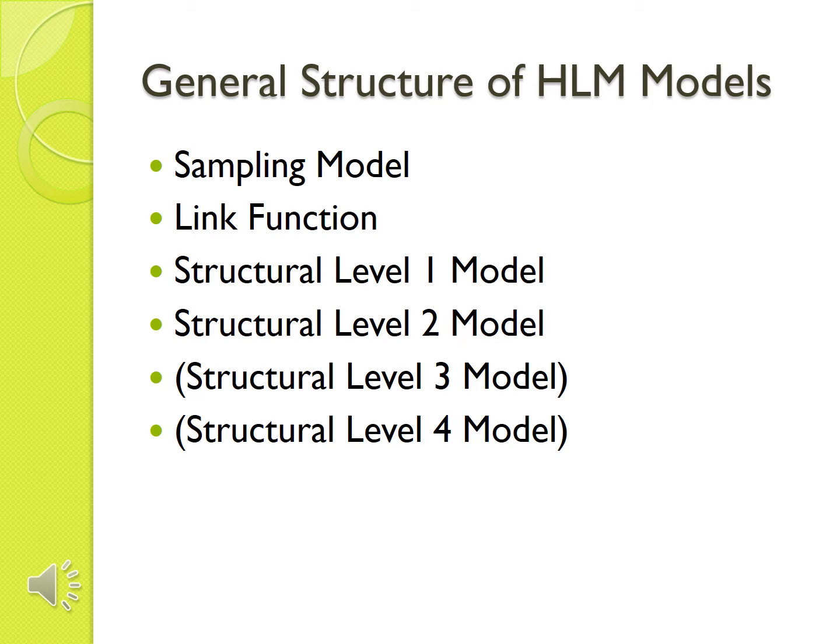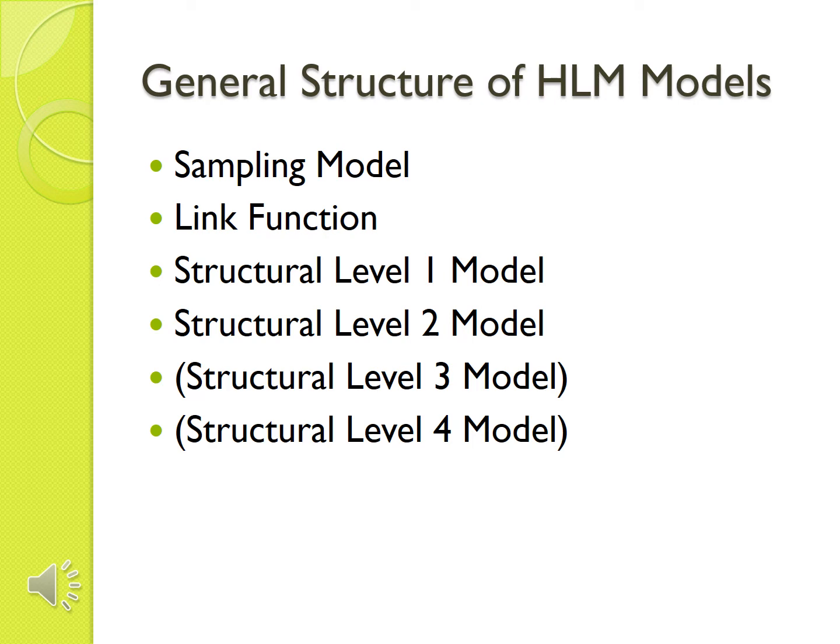For that sampling model, the link function is the equality, meaning there's just an equal sign. So the left-hand side of the equation is equal to the right-hand side. I will talk about the sampling model for the binary logistic HLM and/or regression on the next slide, but we have a different sampling model, and therefore we need this logit as a link function.